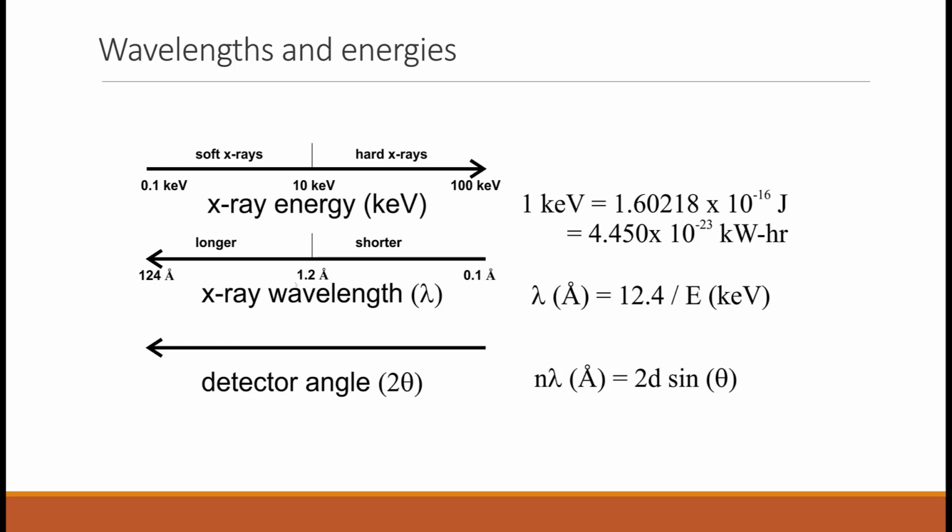So when we think about this, we're on the right size for dealing with the construction of atoms. Likewise, the detector angles increase as we're talking about increasing wavelength, shown here in 2 theta as a rough approximation. And of course, the operating equation for this is the Bragg equation, shown once again. Must be pretty important.